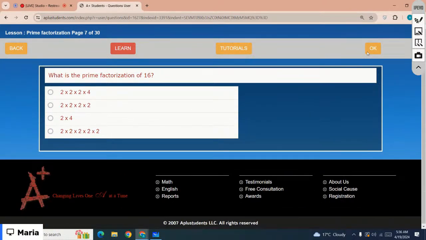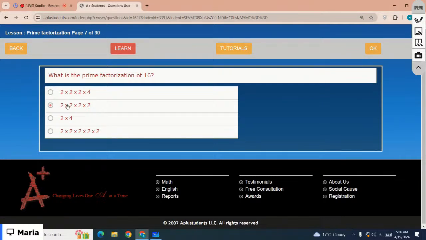What is the prime factorization of 16? That's the second one. 2 times 2 times 2 times 2.